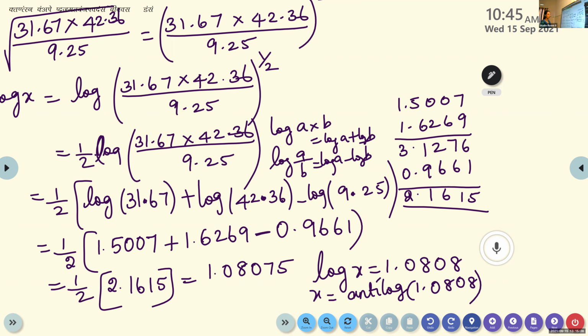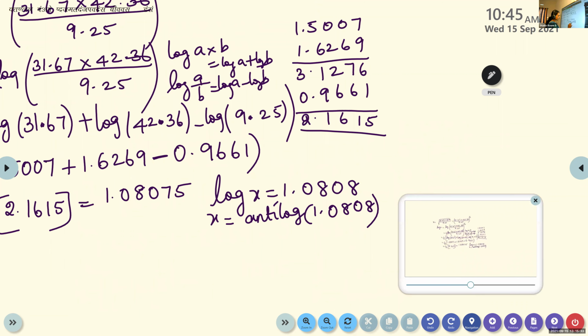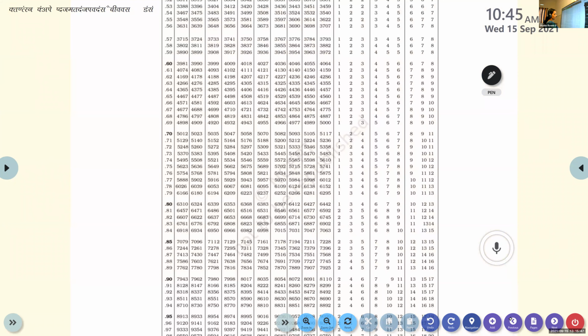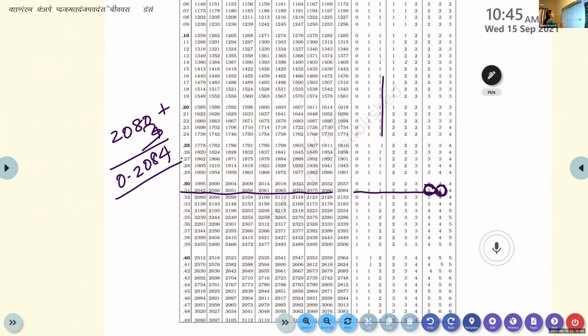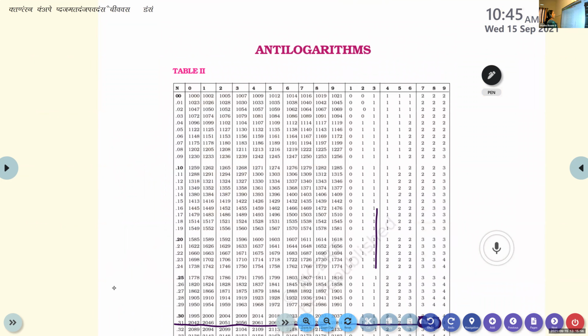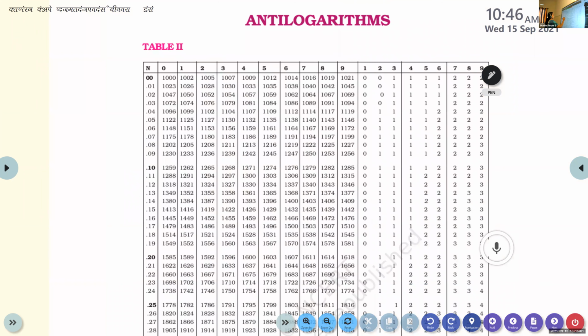Now while taking antilog, we have to consider only this decimal part. Don't bother about this 1 point. That one we will use afterwards. First, you take antilog of 0808. Here it is 080, then 8 is 2.